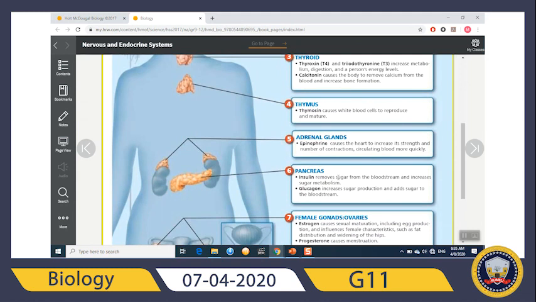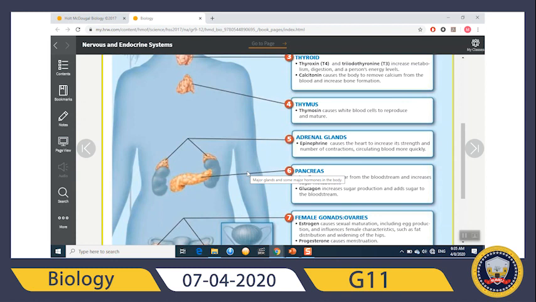Adrenal glands, located on the kidneys, are responsible for epinephrine. Epinephrine causes the heart to increase the strength and number of contractions, circulating blood more quickly. So epinephrine is actually used like an ER procedure inside the hospitals.